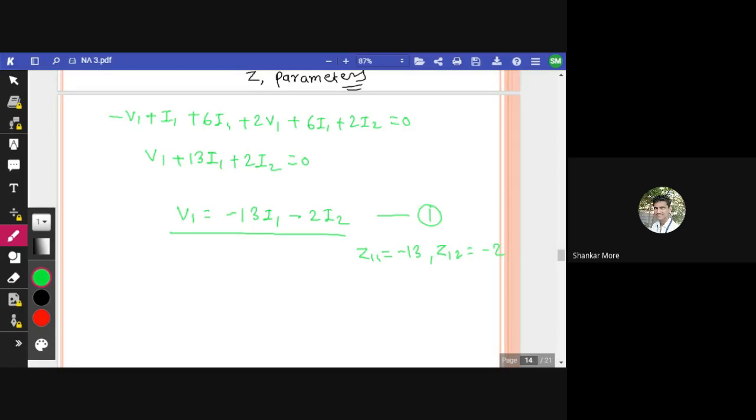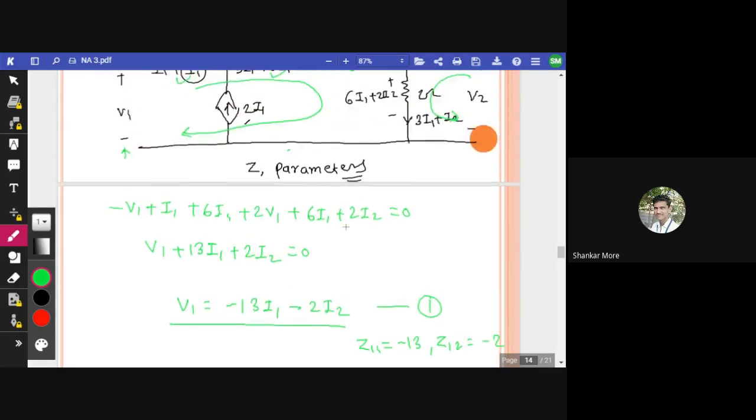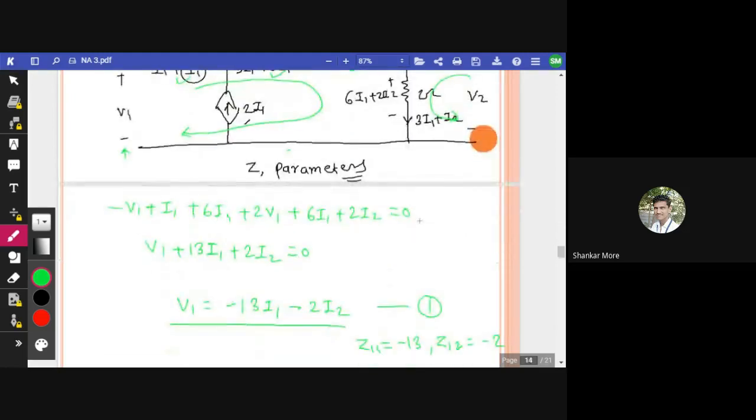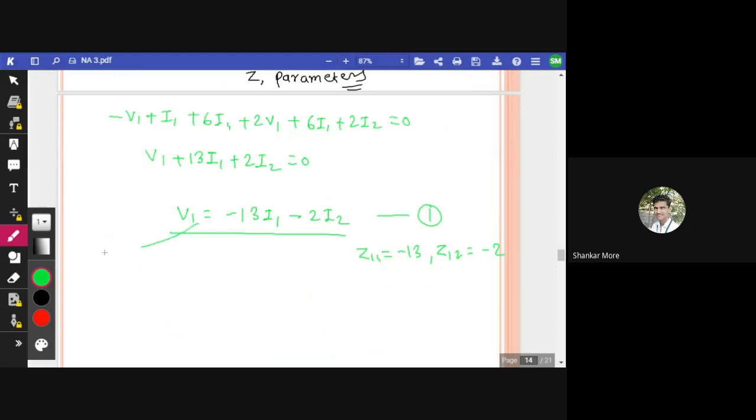Everyone is getting it. Okay, now we have to find the equation for V2. So apply the KVL directly here. See, this is V2 and this is the voltage. So whatever the voltage across this branch is, that will be nothing but V2. So V2 is equal to 6 I1 plus 2 I2.